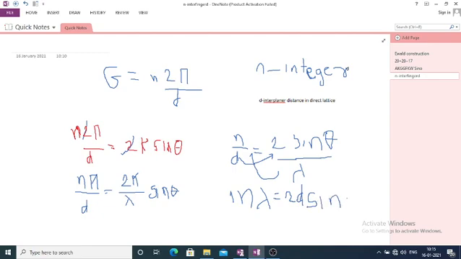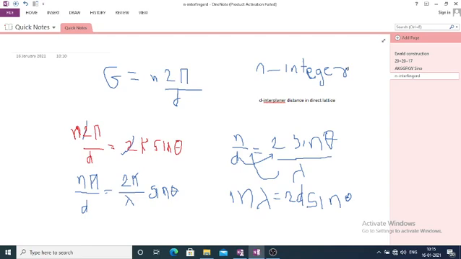So twice d sin theta is equal to n lambda is nothing but your regular Bragg's condition. This is your Bragg's condition in your direct lattice. So the Bragg's condition in a reciprocal lattice is exactly similar to the Bragg's condition in a direct lattice.